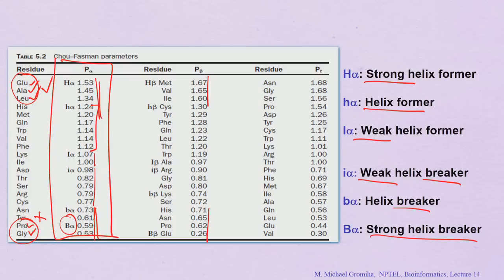And if you compare this P alpha and P beta, some residues are distinct and some residues are the same. For example, proline is not preferred in alpha helix and also not preferred in beta strand. Glutamic acid is a breaker in the case of beta, but it is a strong helix former in alpha.